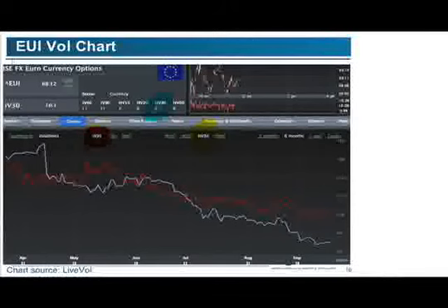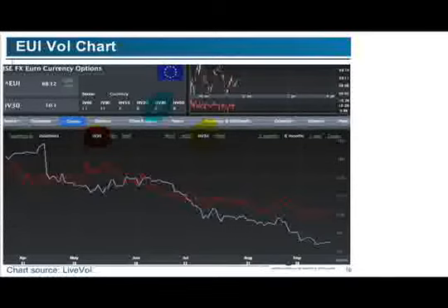The higher the implied volatility, the more expensive the options, and the lower the implied volatility, the cheaper the options. Now, as you can see here, the implied volatility is significantly over the historical volatility. You can see a lot of that going on in the market, in stocks as well, not just currencies.